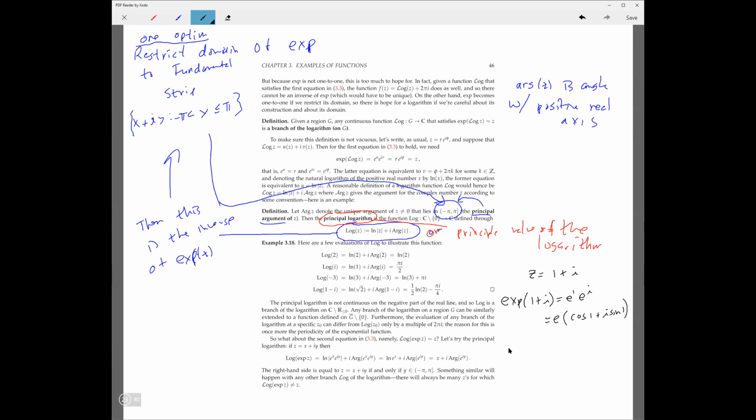Now, what if we took the principal value of the logarithm of this, e times e to the i? According to this formula, it's going to be the natural logarithm of the modulus of e times e to the i, plus i times the argument of e times e to the i. So what is the modulus of e times e to the i?